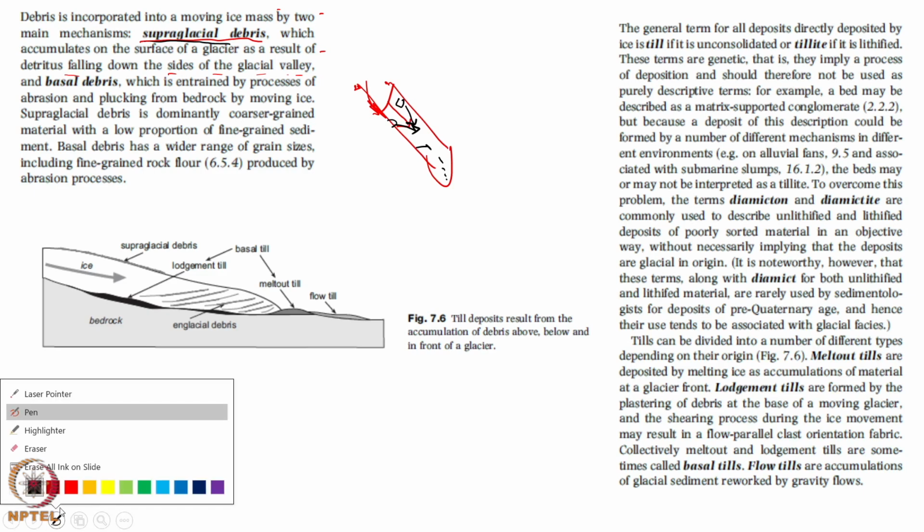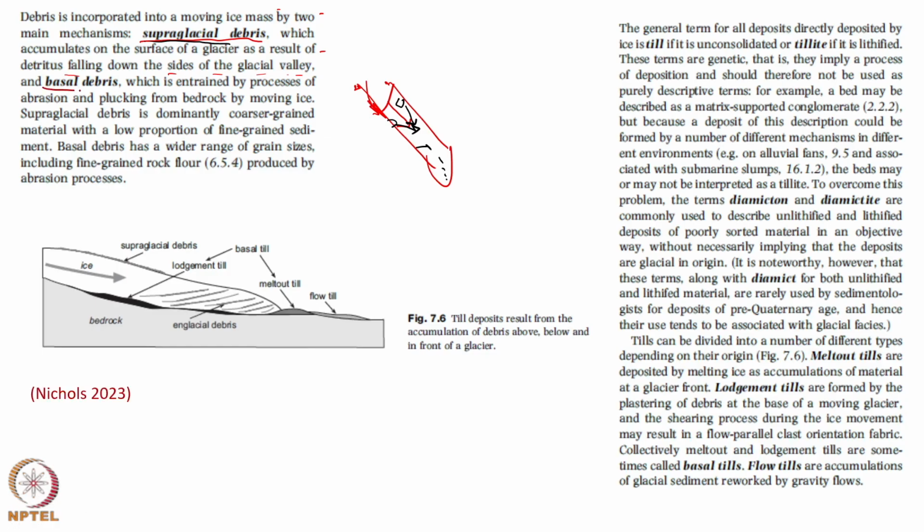We have another kind of debris that is known as the basal debris. What are they? These are entrained by the process of abrasion and plucking from bedrock by moving ice. Consider on this surface ice is moving, then on this surface itself it can pluck off the rock particles, and these particles are known as the basal debris. They are coming from the basal rock over which the glacier is flowing.